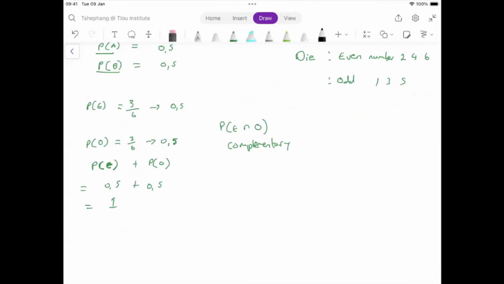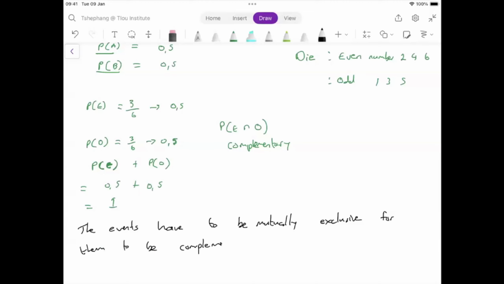The events have to be mutually exclusive for them to be complementary. That's very important.